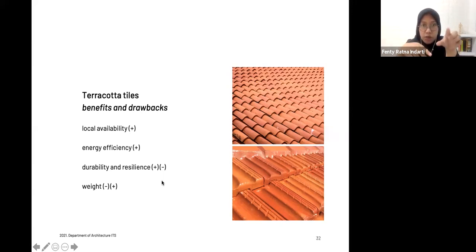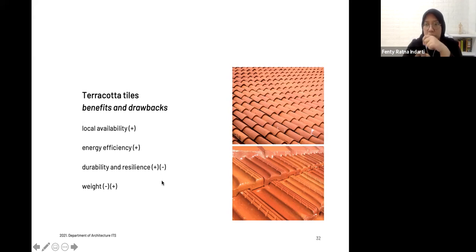from the nature of the building material itself, first it has a thickness, like the thickness is quite big, so that it helps to mitigate the heat transfer from the outside to inside. That's why when we are talking about the building performance, it will increase the energy efficiency.